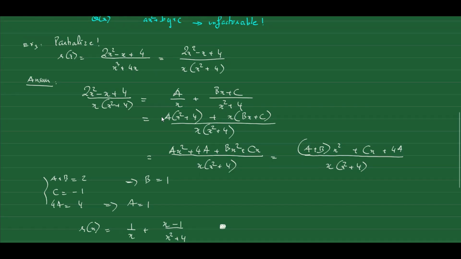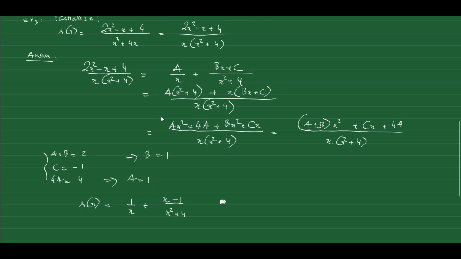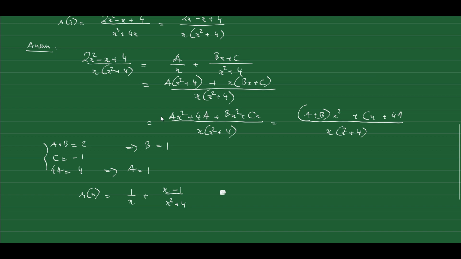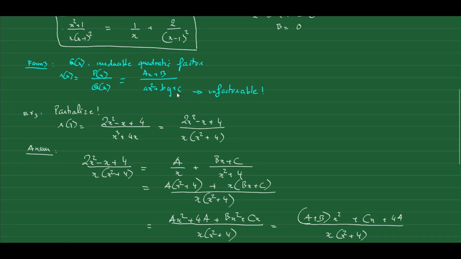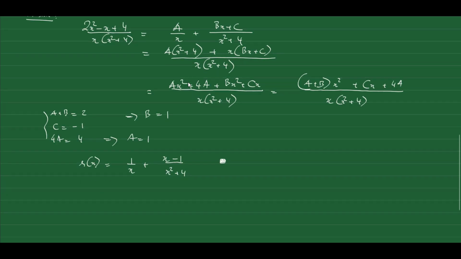So that is form number 3, and the last form. This one is irreducible, and none of them repeated, so it is of the non-repeated kind.